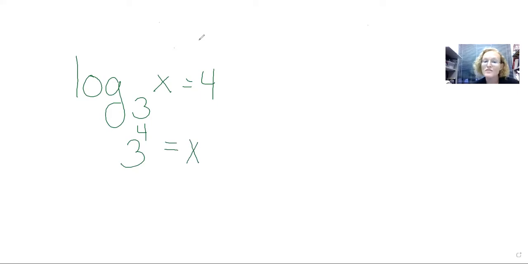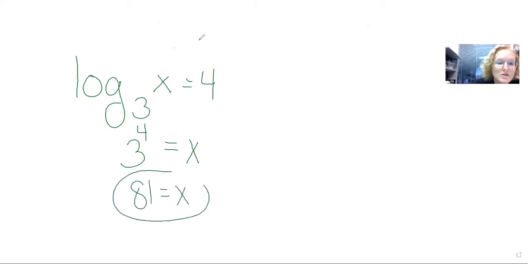Then all we have to do is evaluate that. 3 to the 4th power means 3 times 3 times 3 times 3. 3 times 3 is 9, times another 3 is 27, times another 3 is 81. So we just get 81 is equal to x.